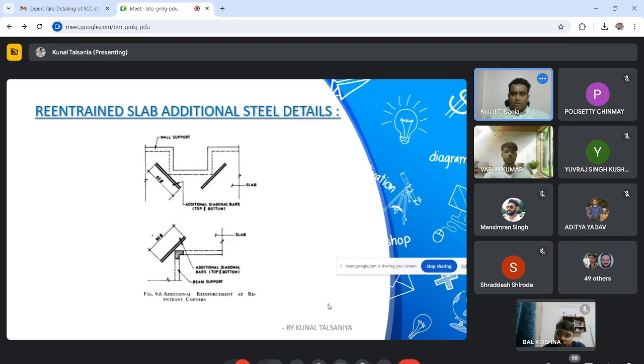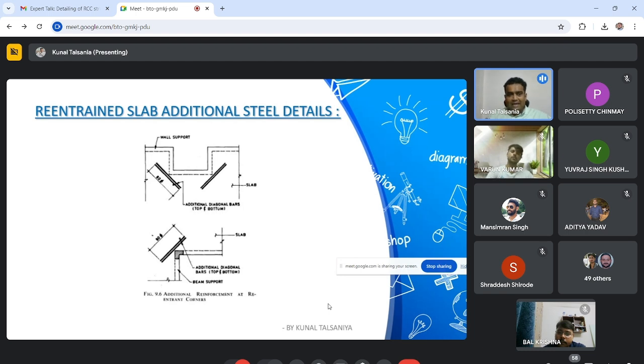Why I have kept this image is that when you come into this field, the structural engineering field, after college, you will see very odd shaped buildings and very odd shaped slabs that you have to design.